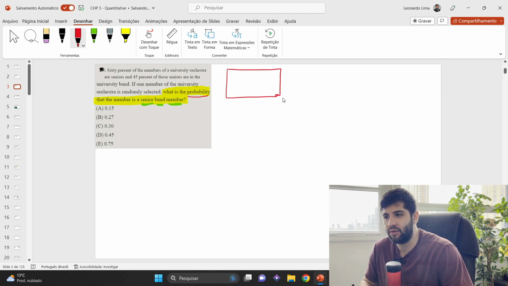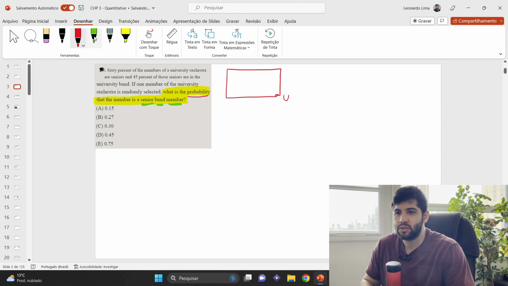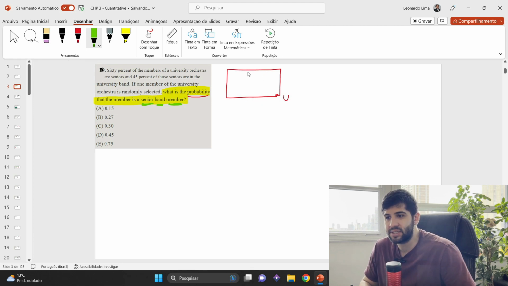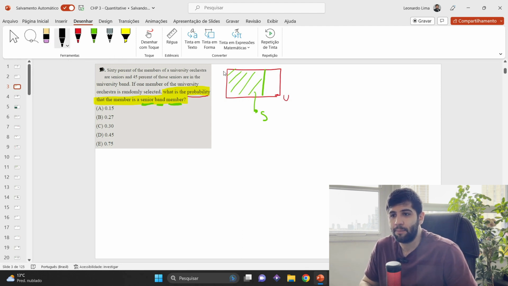Inside the university there are a lot of people, but 60% of them, you select this part here, are seniors, and inside the 60% there are people that belong to a band.